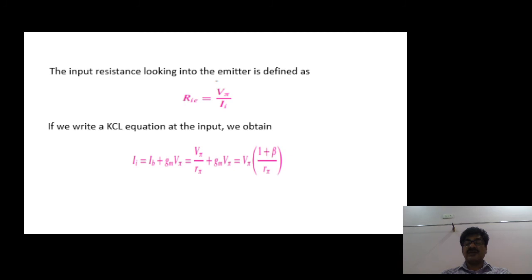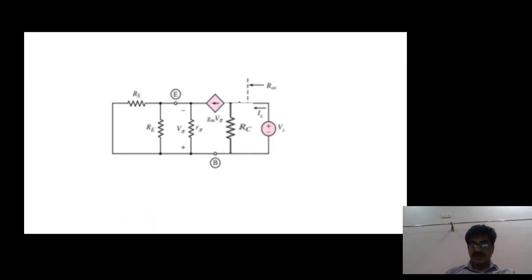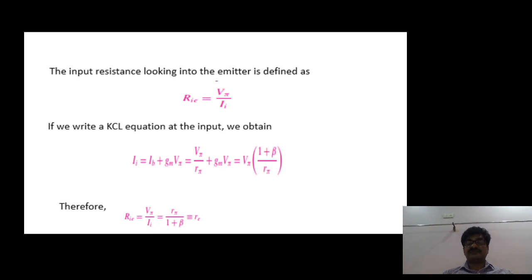Therefore if you take V pi as common, 1 plus beta divided by R pi. Hence, substituting this in Rie, V pi cancels, therefore the resistance is R pi divided by 1 plus beta. That is the input impedance in the CB configuration.